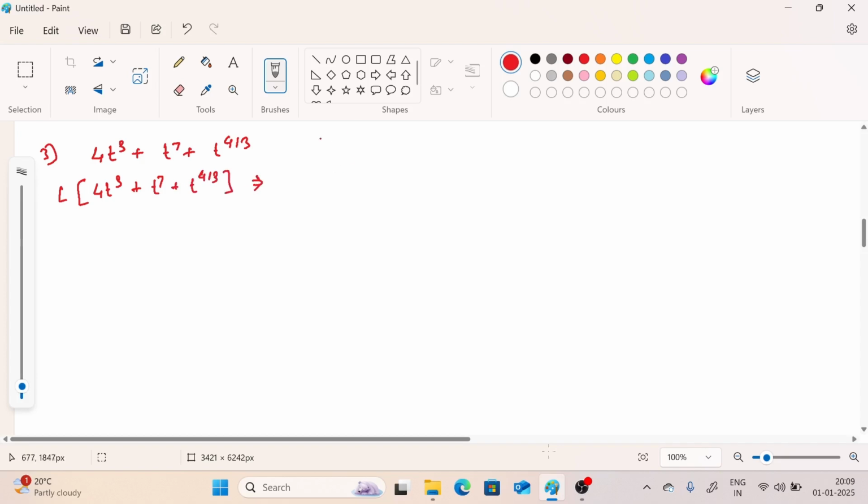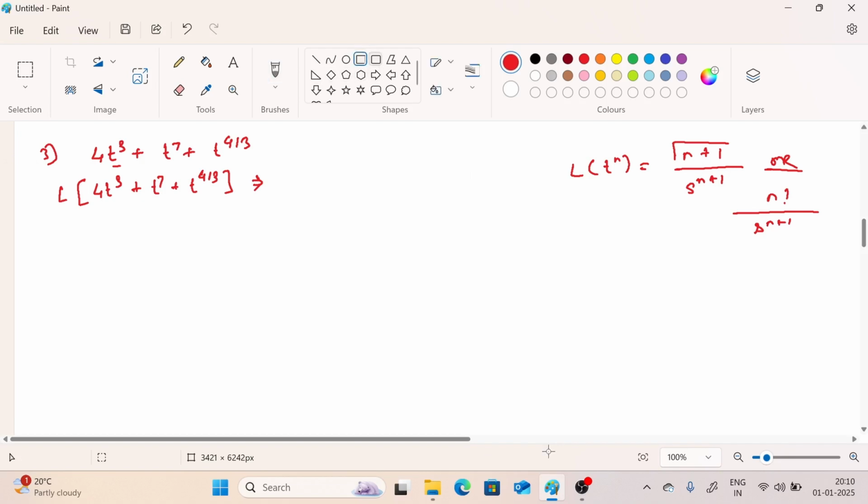Now here we have t raised to n, which means the Laplace of t raised to n is equal to gamma function of n plus 1 upon s raised to n plus 1, or we have n factorial upon s raised to n plus 1. Now you will be confused.